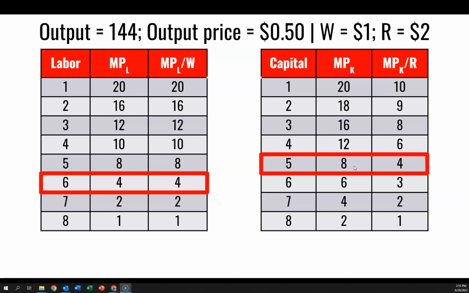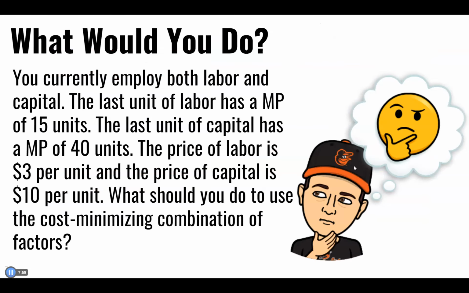There is no other combination of labor and capital that will produce 144 units that will be less expensive than this combination. I will end up spending more total dollars to employ capital and labor if I do any other combination than 6 workers and 5 units of capital.